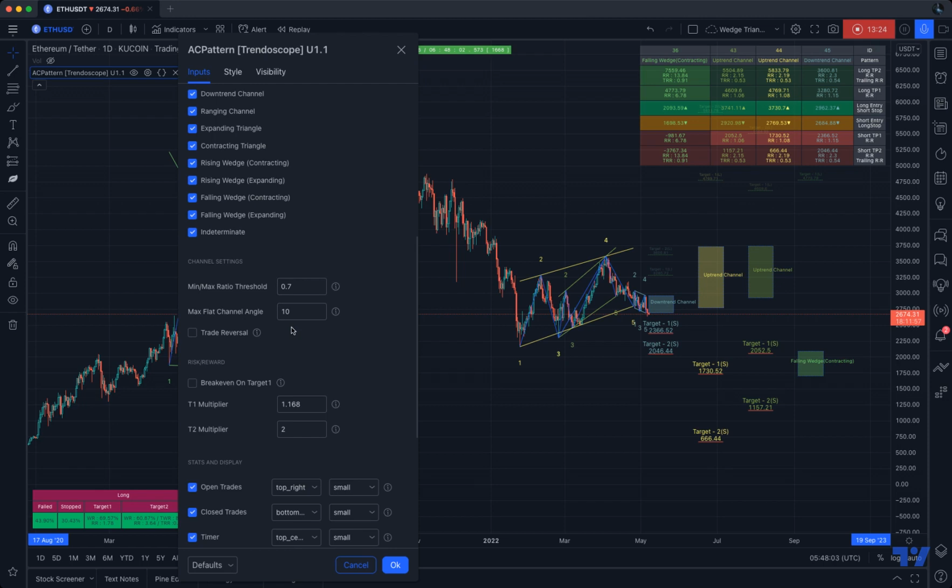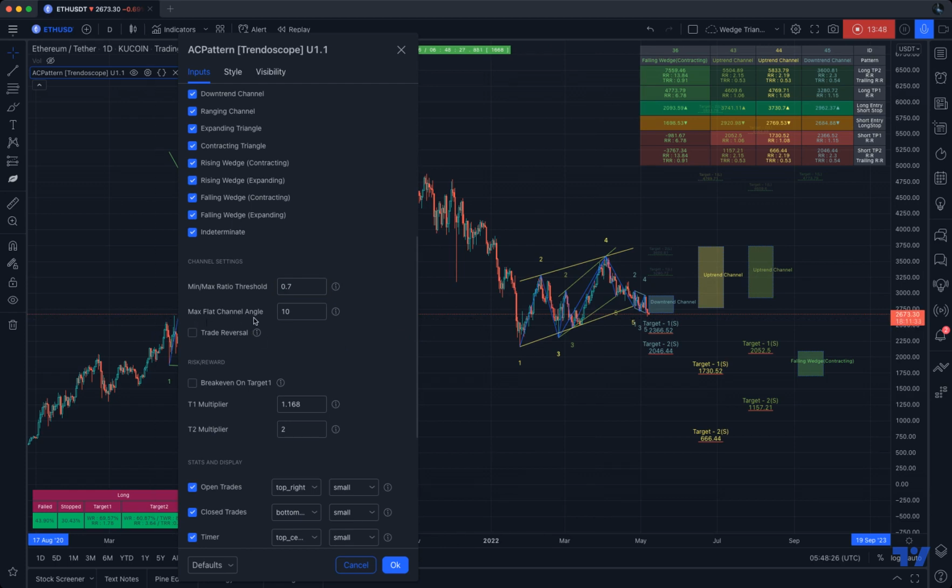If we reduce it, you will get less accurate channel signals, and maybe even wedges are marked as channels. That's not ideal. And if you increase it further, it may show some of the channels as wedges or triangles.